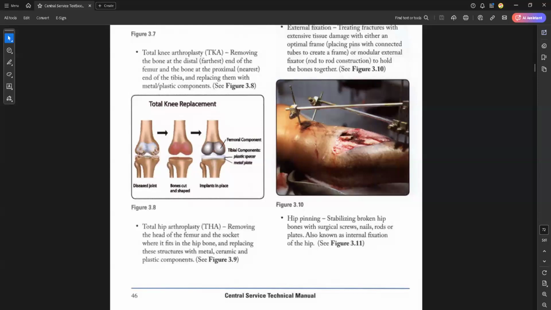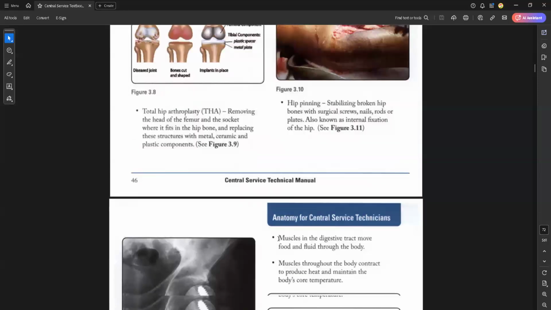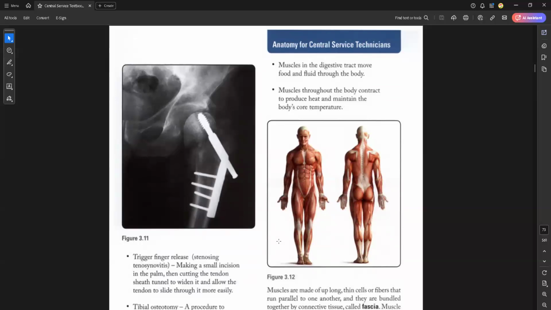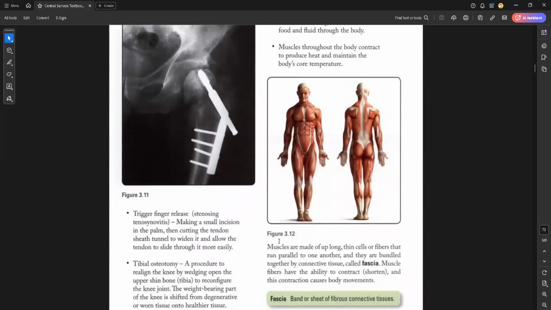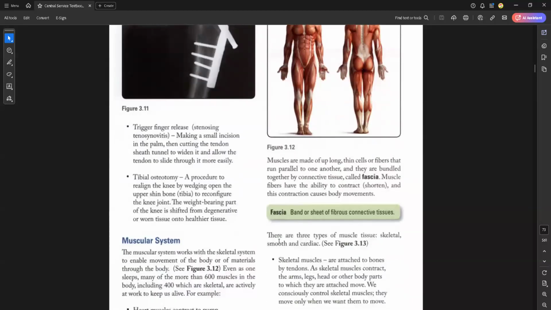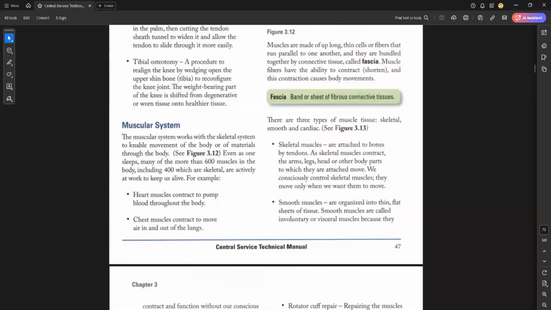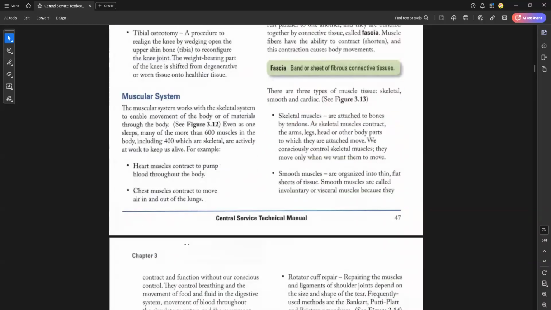Now let's go on. Next page, please. Let's continue. The muscular system.